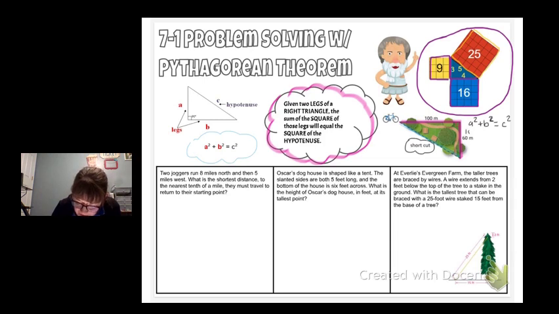So I would have 100 squared plus 60 squared equals c squared. So 100 squared, so 100 times 100, so 10,000, plus 60 squared, so 3,600, equals c squared.